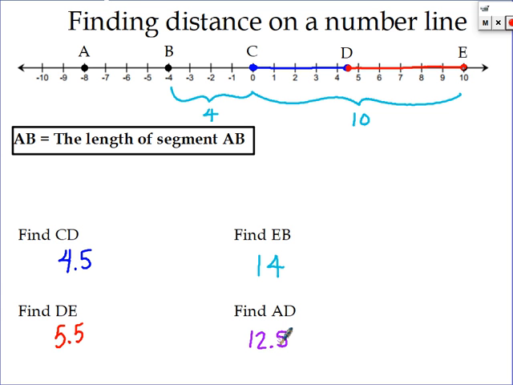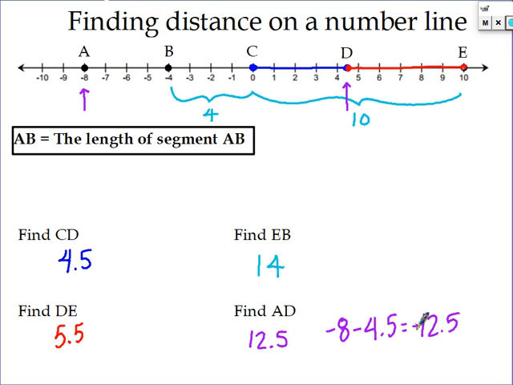Or what you could do is you could subtract their numbers, their coordinates. So A's coordinate is -8, and D's coordinate is 4.5. So if I subtract those, -8 minus 4.5, I get -12.5. However, we know that you can't have a negative distance.